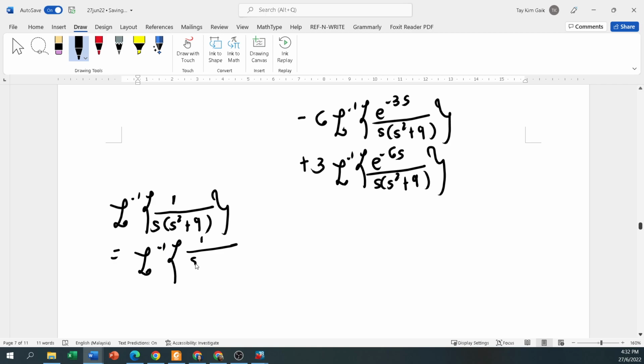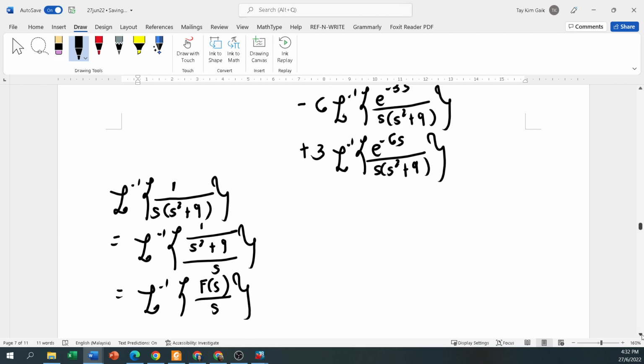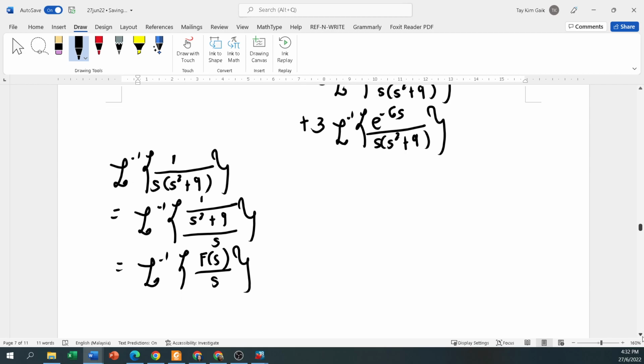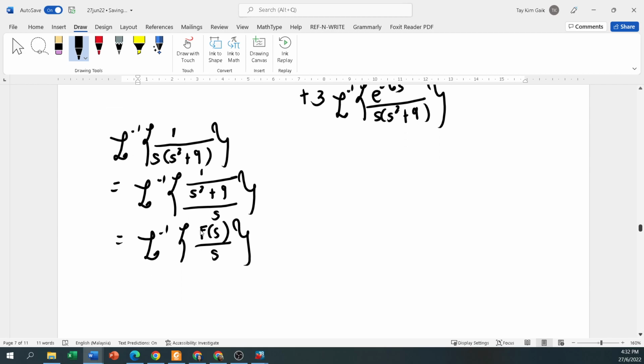So 1 over (s squared plus 9) over s is the form of the inverse Laplace of F(s) over s. Using transform of integral, it is equal to the integral from 0 to t of f(tau) d tau, or you can write f(u) du.